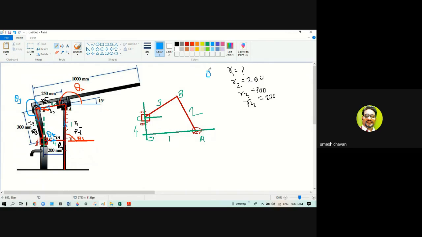So write down the values of these angles. Theta 1 is how much? Theta 1 is 90, right? Theta 2, is it how much? This direction is 15 degrees, it is given, no? 195. Is it 295, right?